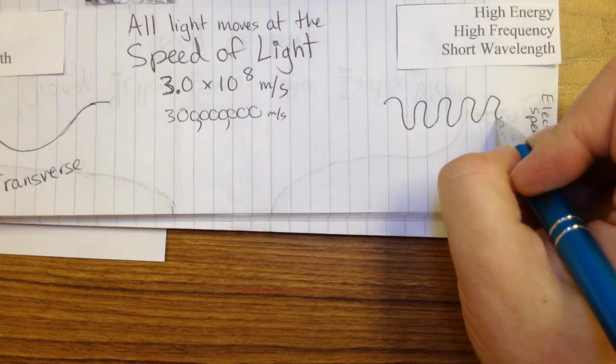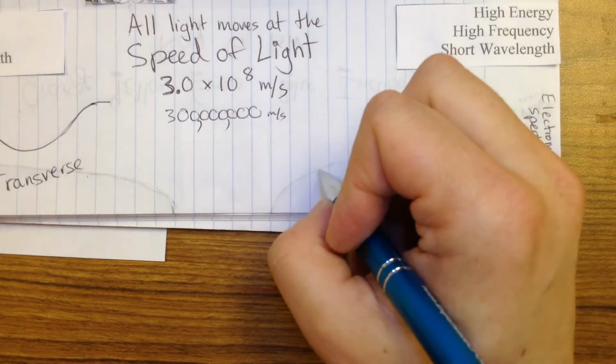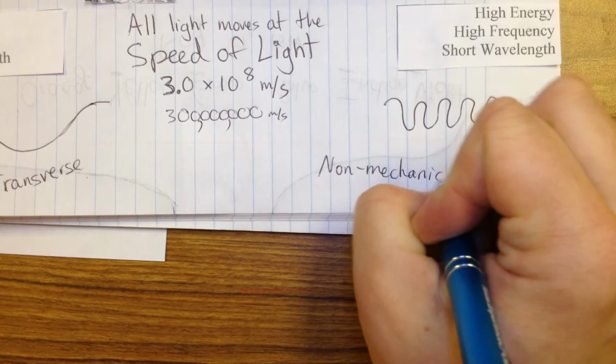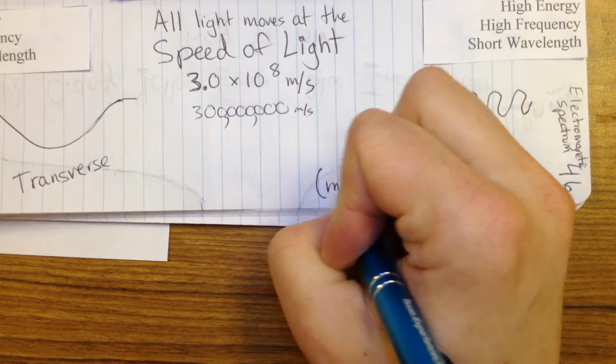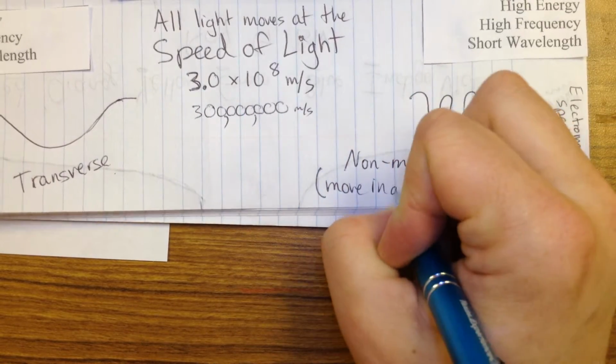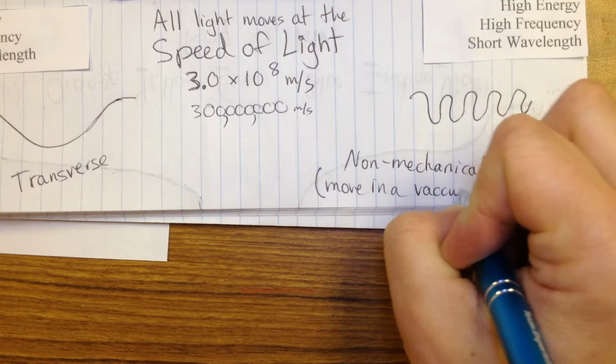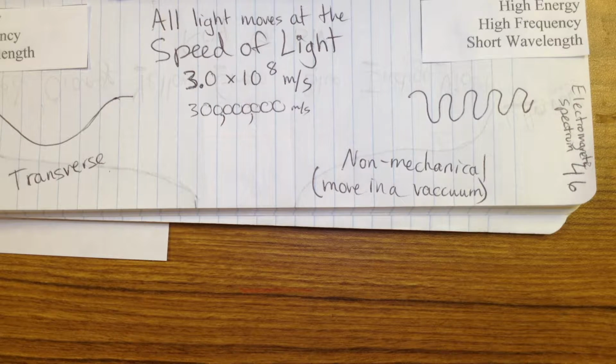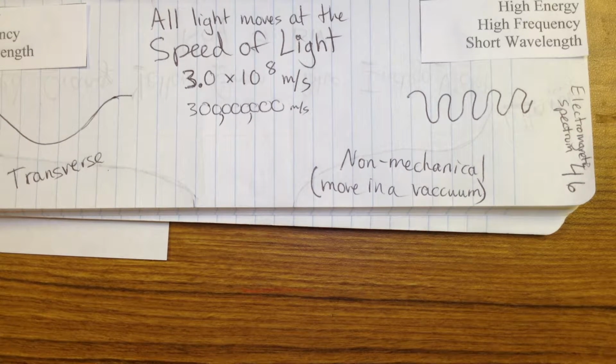All right? Not only are they transverse waves, but they are non-mechanical, which means they can move in a vacuum. They move through the vacuum of outer space. Light moves through space. You probably should know that, just applying that idea of the non-mechanical. They can move in a vacuum.